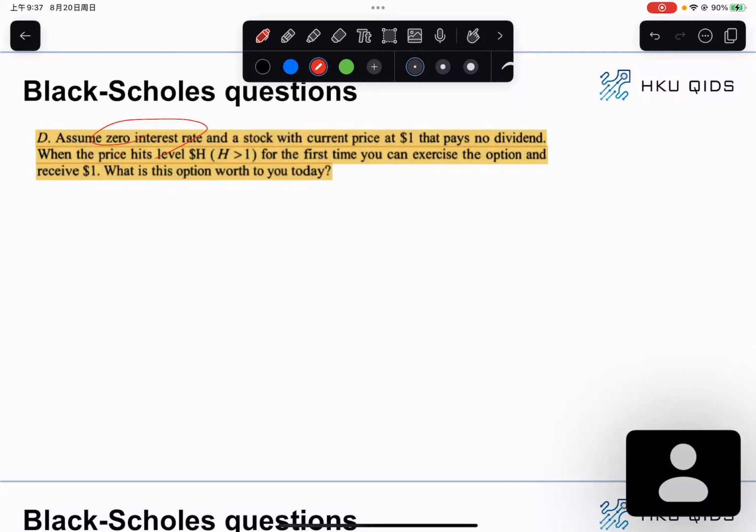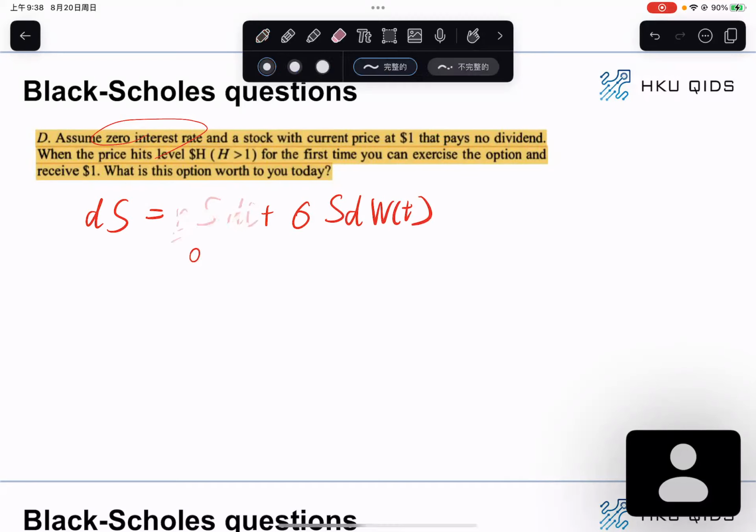First, let's use a brute force approach to solve the problem by assuming that the stock price follows the geometric Brownian motion on the risk neutral measure, okay? And then we have what? We have dS equal to rS dt plus sigma S dWt. And we know that r is 0, so this part is canceled out.